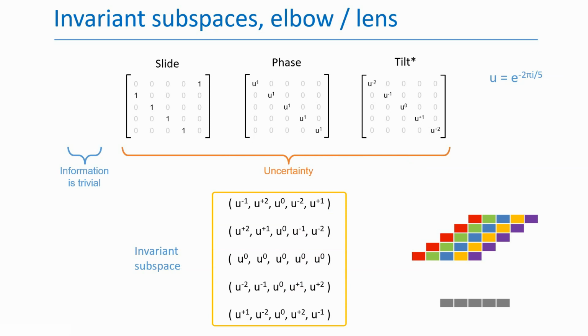At the elbow, each target patch receives light from all source patches in the beam. In other words, the light contains 5 possible low-ranking angles, which all together form a single large macro state. Each angle corresponds to one of the colors in this picture of the corresponding source target grid. Slide and phase keep each individual angle invariant. However, tilt transforms from one angle into the next.